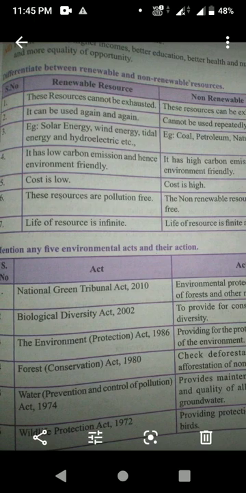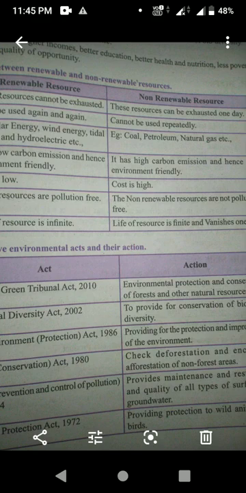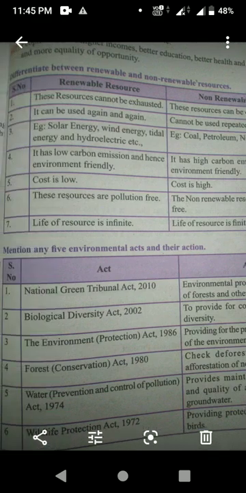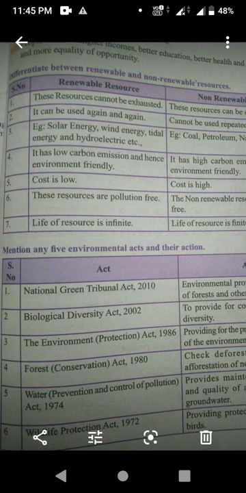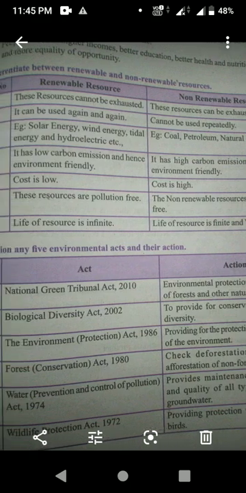Differentiate between renewable and non-renewable resources. Renewable resources cannot be exhausted; non-renewable resources can be exhausted. Renewable resources can be used again and again; non-renewable resources cannot be used repeatedly.